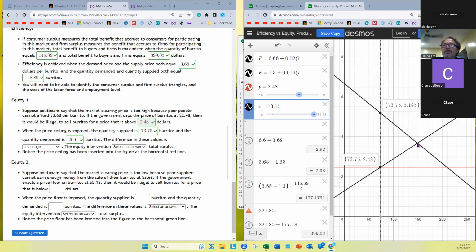The poor people that this policy was intended to help populate this part of the demand curve, right? They weren't able to buy the burritos before the price ceiling. They're not able to buy the burritos after the price ceiling. The middle income people that populate the demand curve here are now unable to buy the burrito, right?